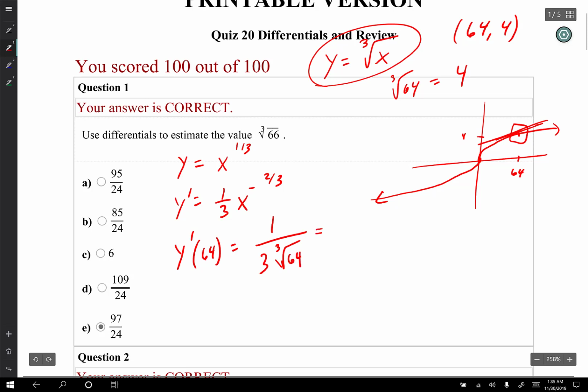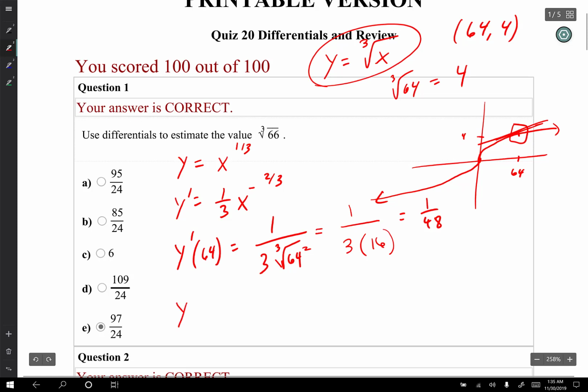You don't need a calculator, guys. Relax. Sorry, there's a square, so do the cube root first and then square it. The cube root of 64 is 4, and 4 squared is 16. It doesn't really matter which one you do first because they're the same value. And now 16 times 3 is 48. So 1 over 48.